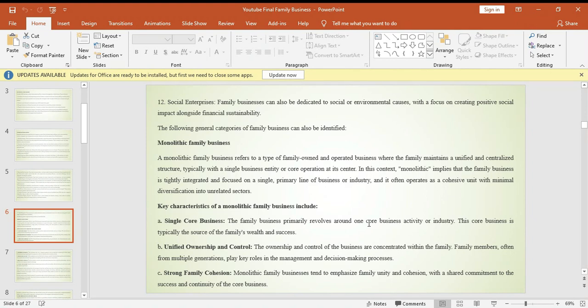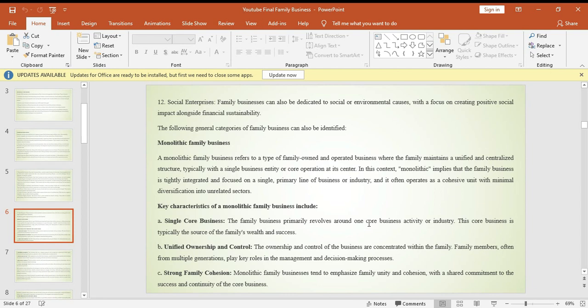In this context, monolithic implies that the family business is tightly integrated and focused on a single primary line of business or industry, and it often operates as a cohesive unit with minimal diversification into unrelated sectors.